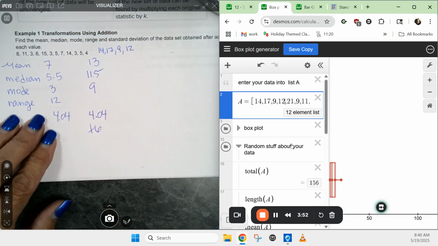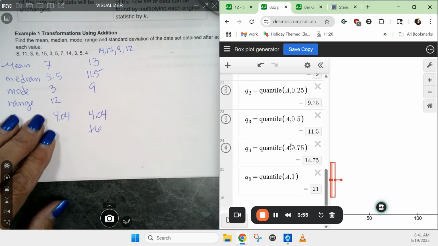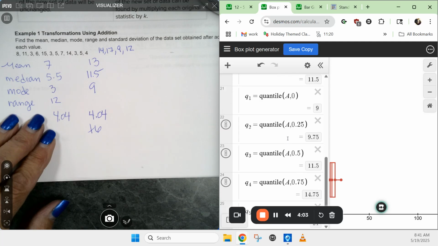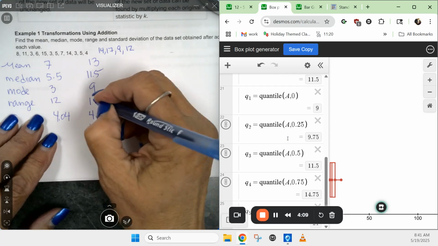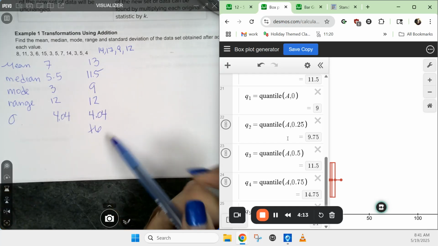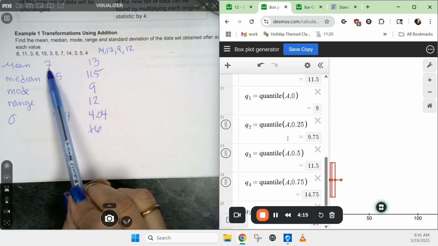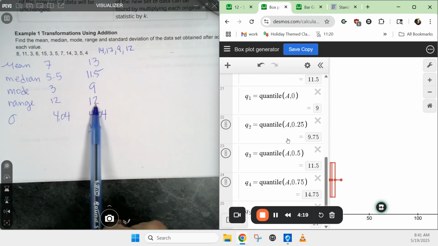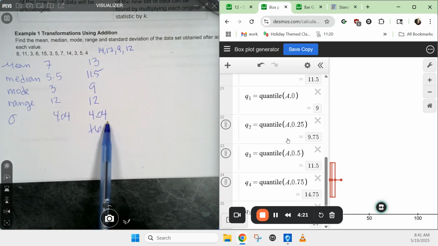And the range, so the top number and the bottom number, the top number is 21, the bottom number is 9, so 21 minus 9 is 12. Okay, so look at this. Added 6, added 6, added 6, stayed the same, stayed the same.